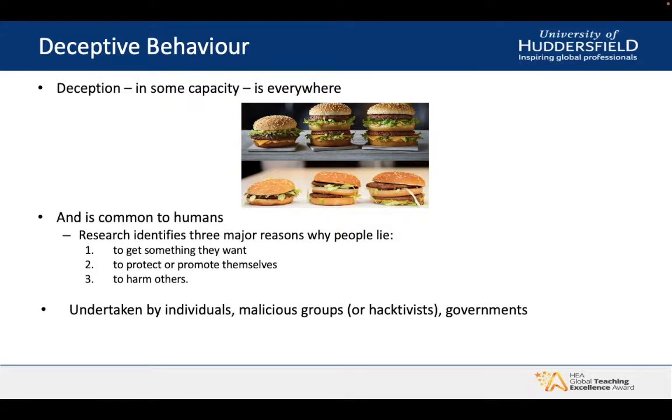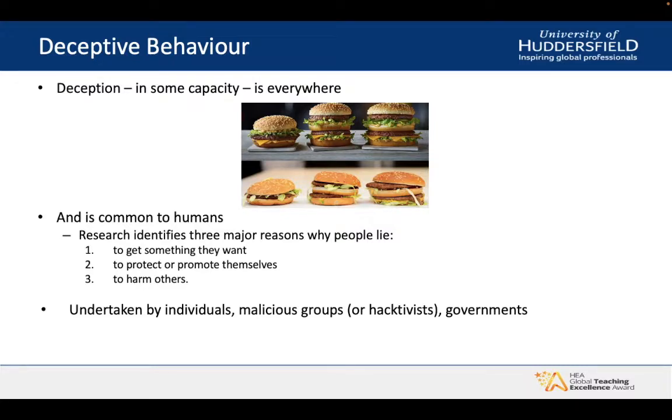Research identifies that the three major reasons why people lie are to get something they want, to protect or promote themselves, or to harm others. On the adversary side, when we think about who's doing this, we often categorise them into 3 types. We've got the individuals, the malicious groups or hacktivists, and the governments. In security terms, the individuals are the Lone Ranger, the teenager in the bedroom launching attacks that are easy to do.